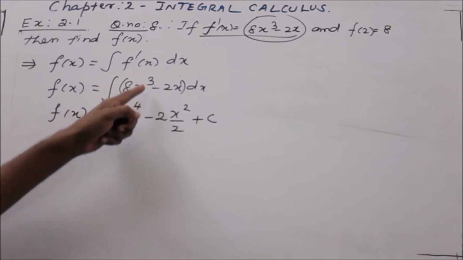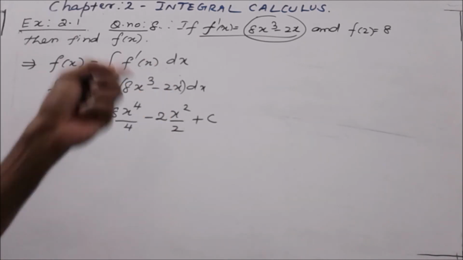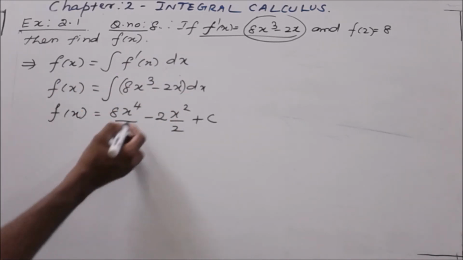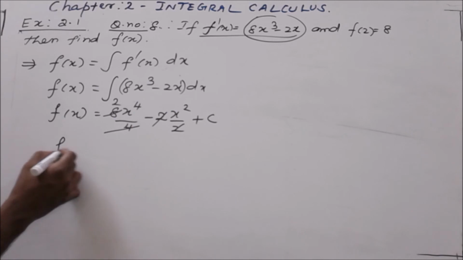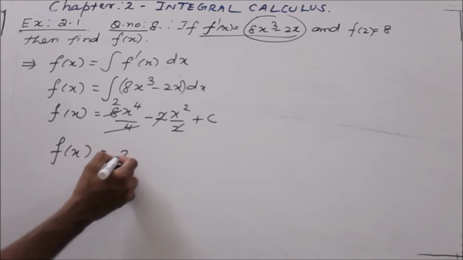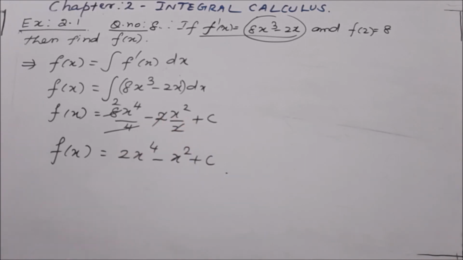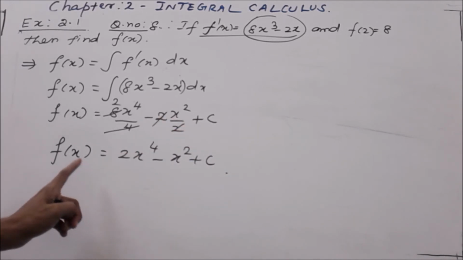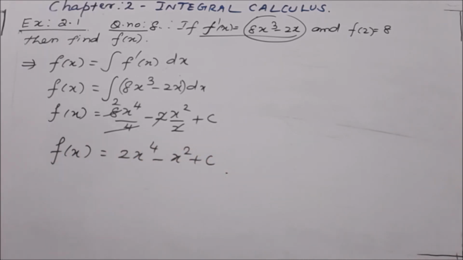This uses the formula x power n plus 1 by n plus 1. Cancelling, f of x is equal to 2x power 4 minus x square plus c. This is the integrated value.